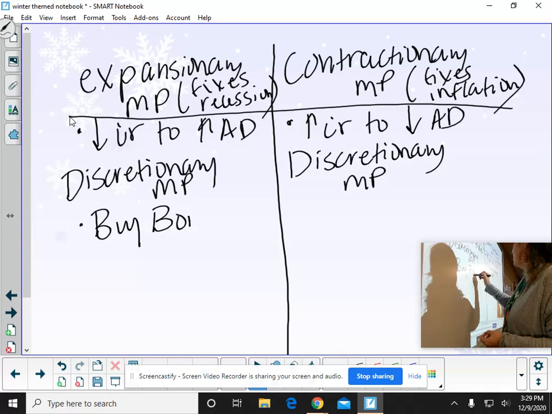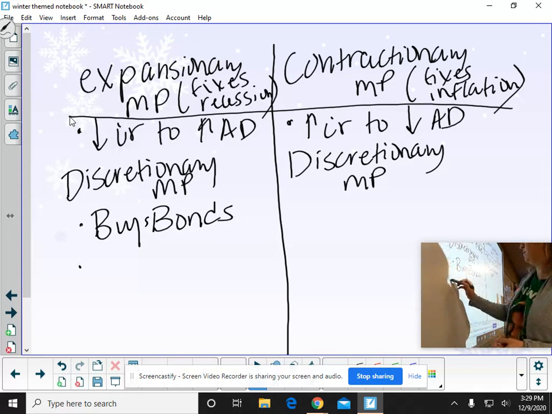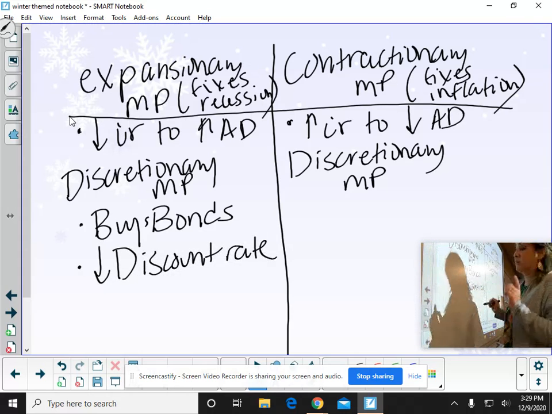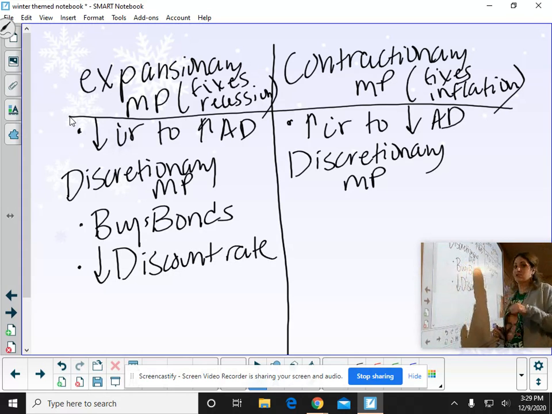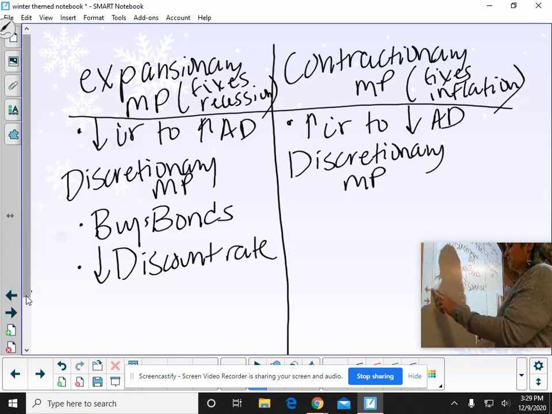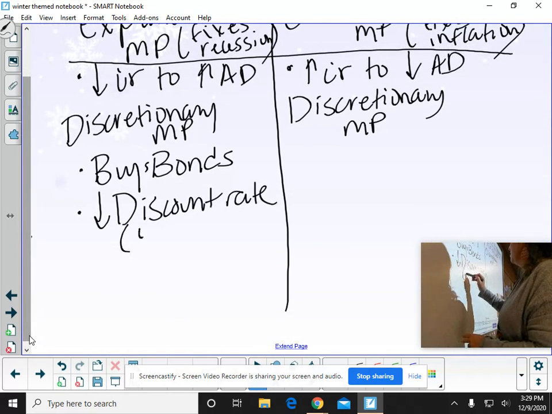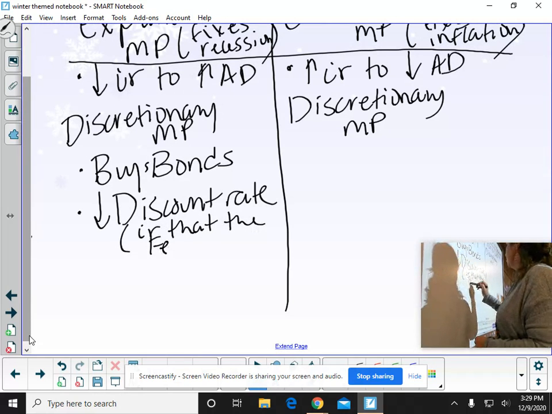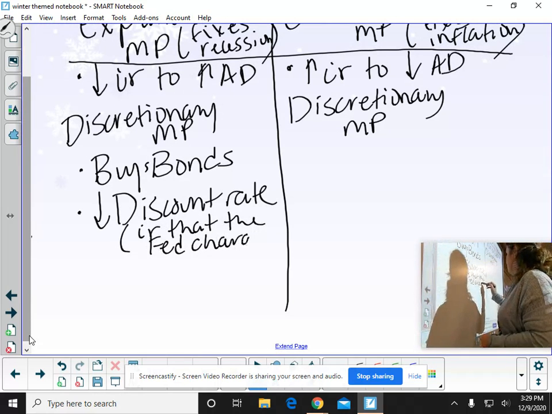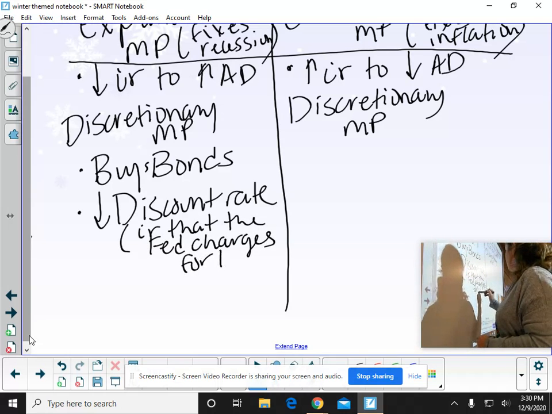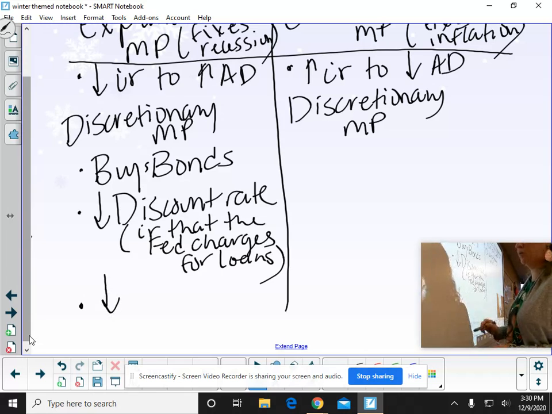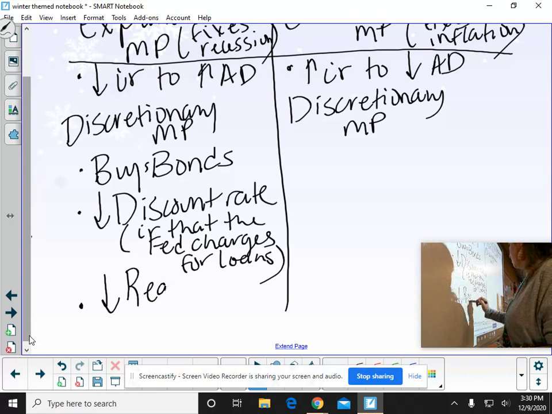When the Fed buys bonds, lowers the discount rate, which I'm going to pause here right now and actually define what the discount rate is. The discount rate is the interest rate that the Fed charges for loans. And lowering the required reserve ratio.